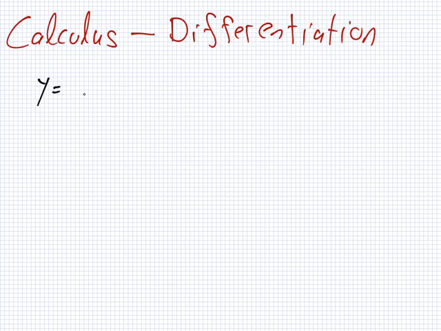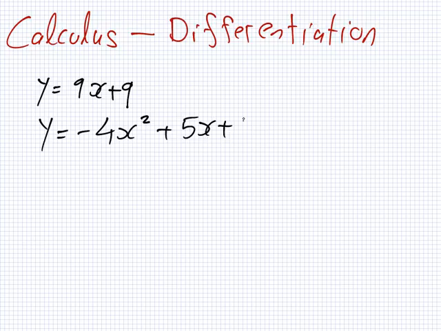So, first one, a little warm-up question here. y equals 9x plus 9. We remember we did this in algebra near the start of the semester, and we had one linear and one quadratic.